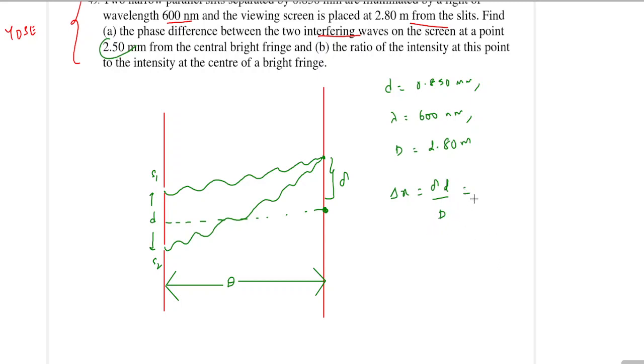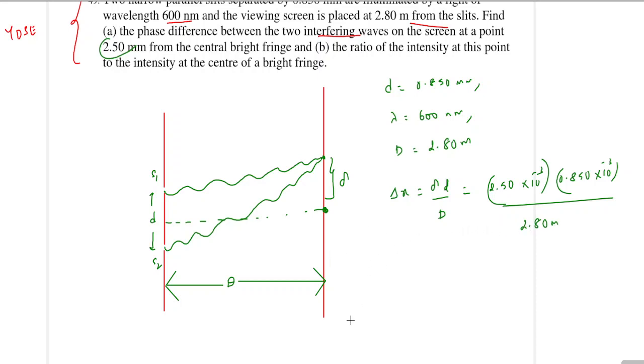That is equal to, this delta is given as 2.50 millimeter, which is 2.50 into 10 power minus 3, into d, which is 0.850 into 10 power minus 3, by capital D, which is given as 2.80 meter.